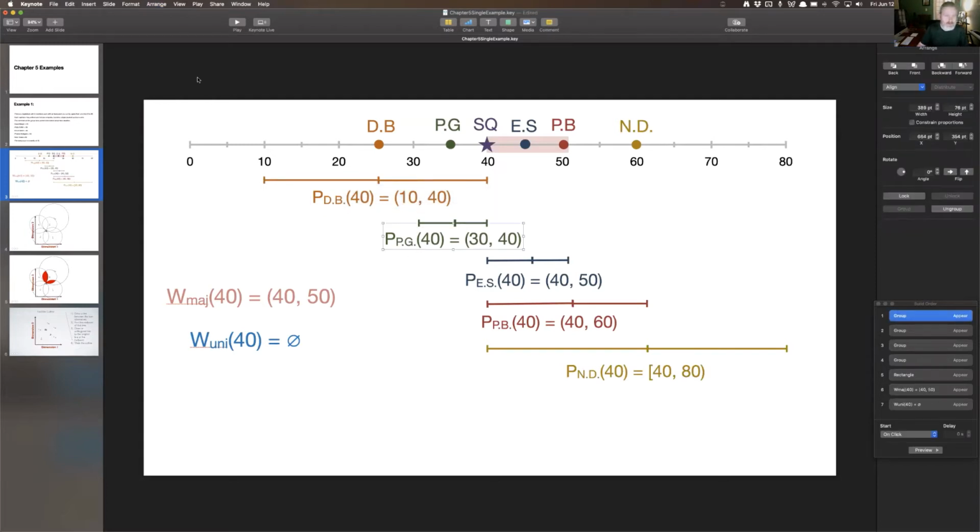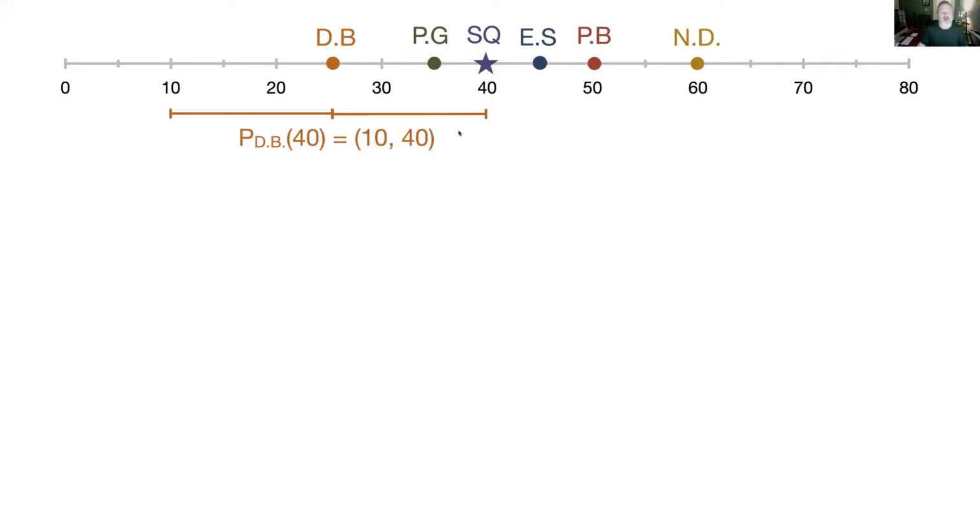Okay, Patty Griffin. So her preferred-to set is everything between 30 and 40. I'm sorry, 35 and 40. Her ideal point is 35. Definitely, right? Because moving this direction, we're getting closer to her ideal point. She definitely likes them better.